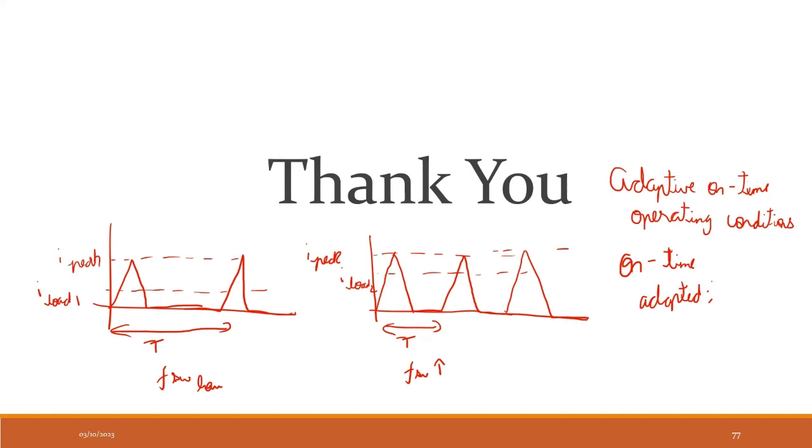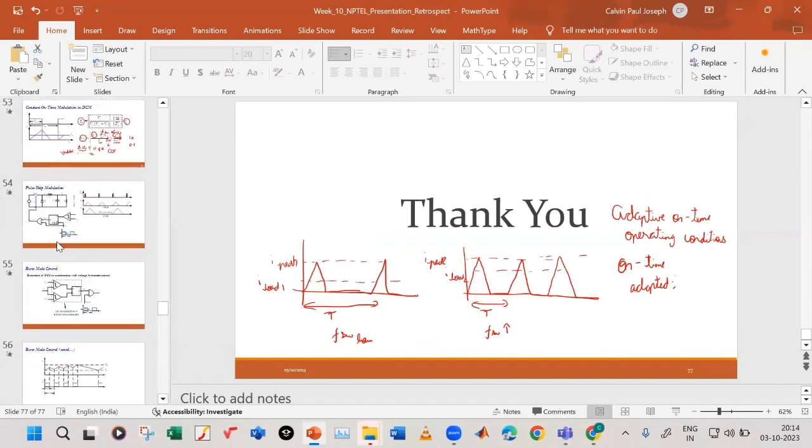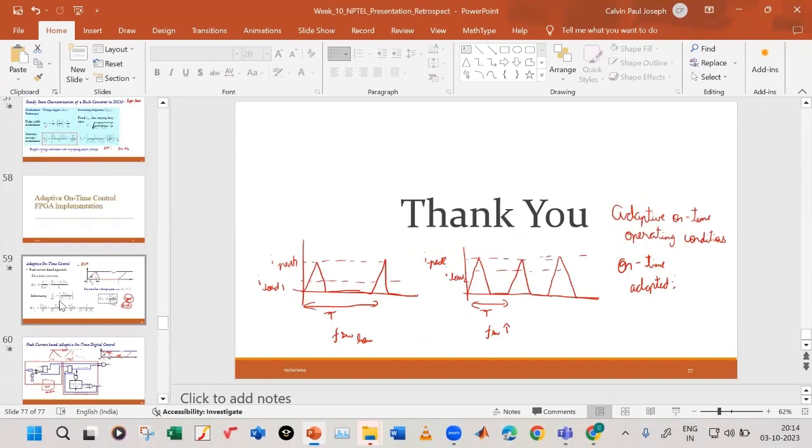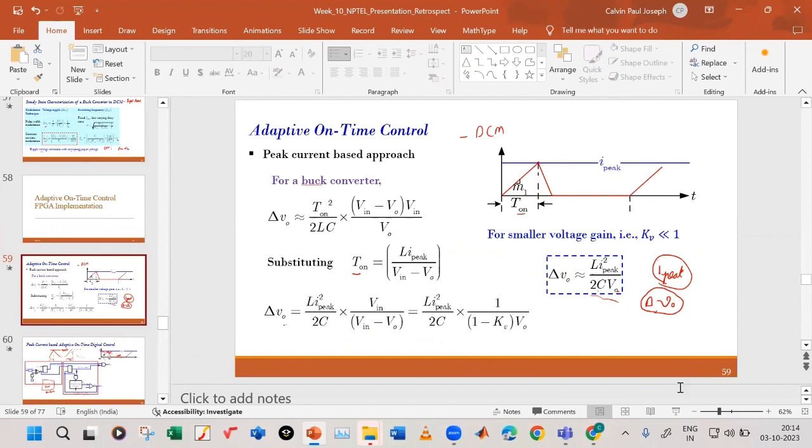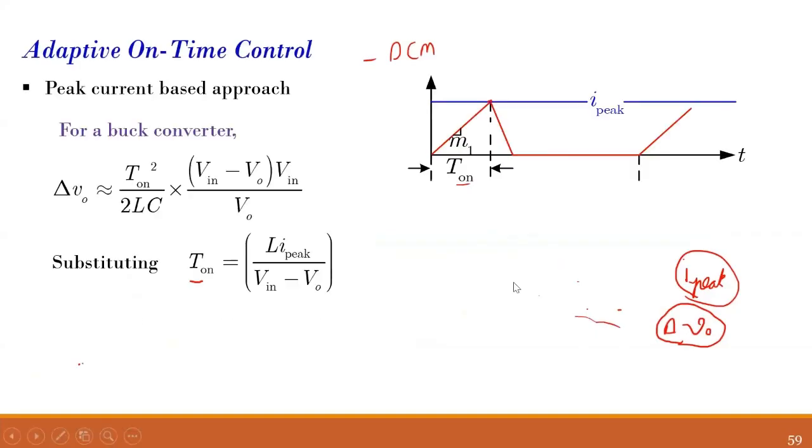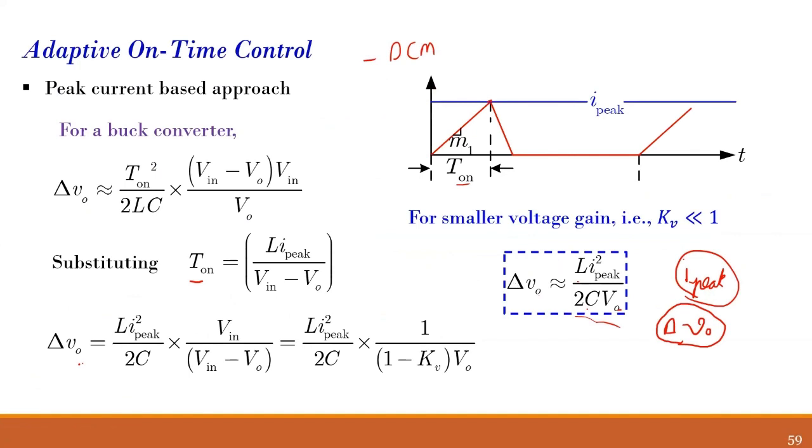See, because del V naught has T on by V in, something like that, V in minus V naught. This is the expression for del V naught. It comes approximately like this. There's no V in here.